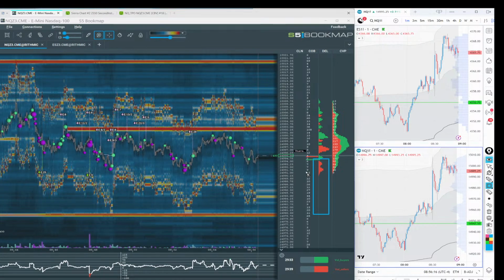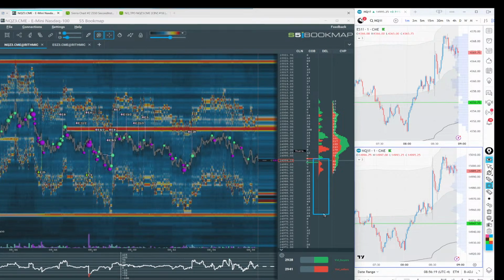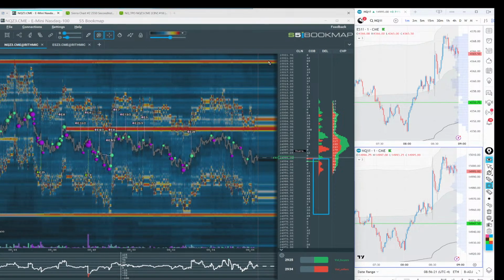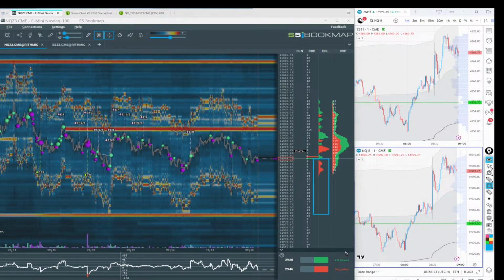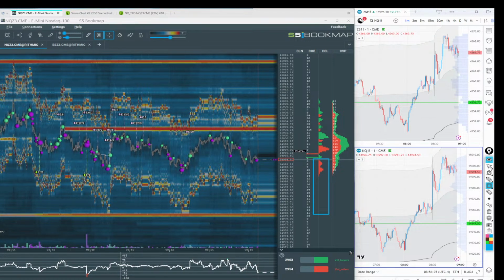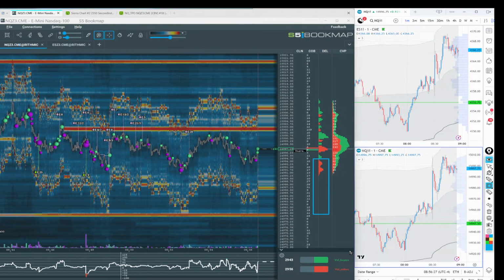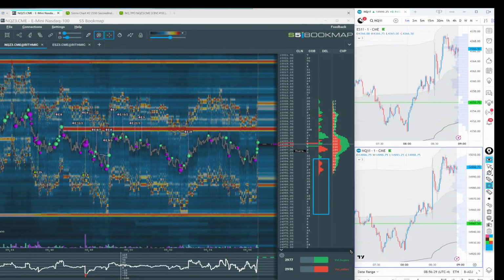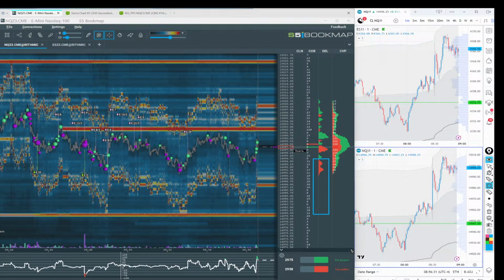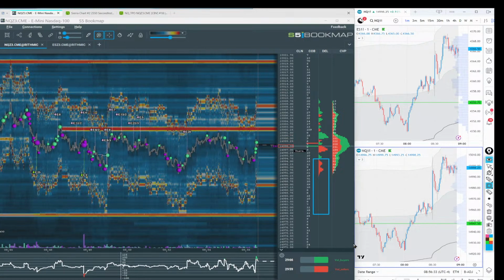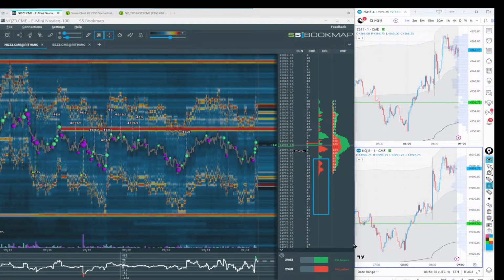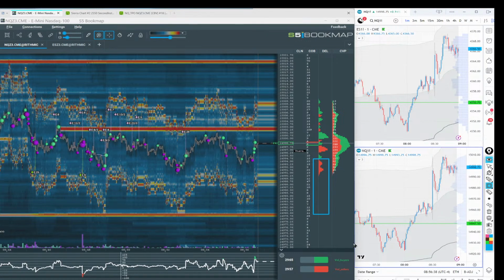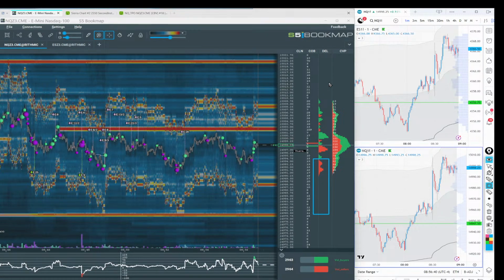We're looking to see if there is enough fuel to drag us back up to there, 15020. And that is my main purpose of that delta column.